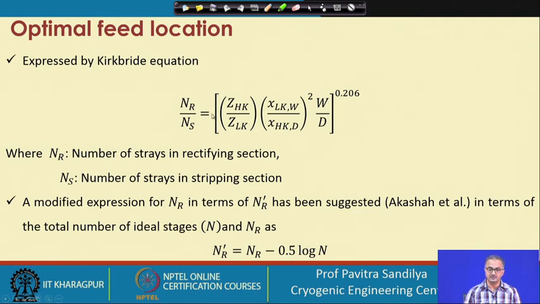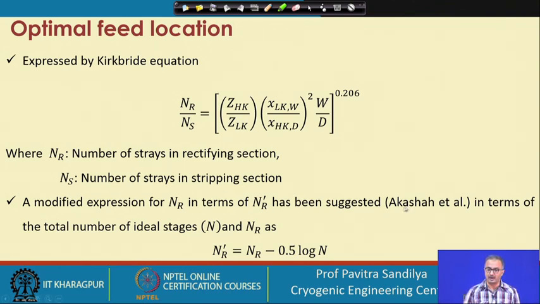NR and NS are the number of trays in the rectifying section and the number of trays in the stripping section respectively, and from this we can find this particular ratio. This will also tell me where we shall be introducing the feed.